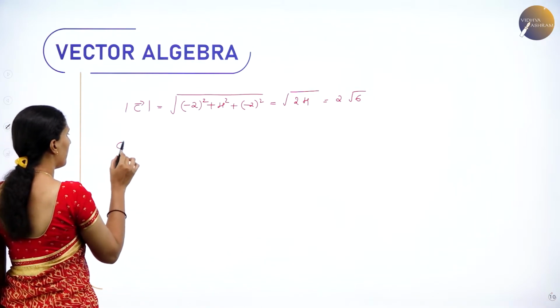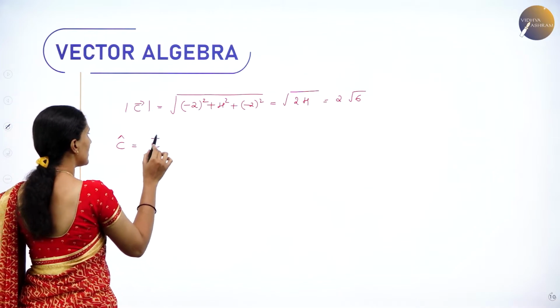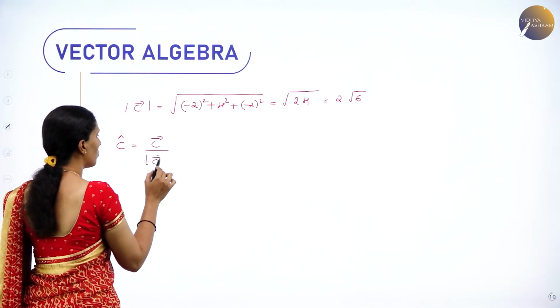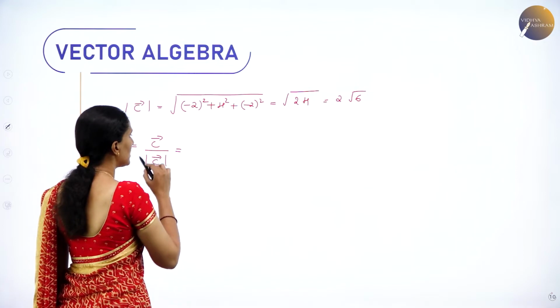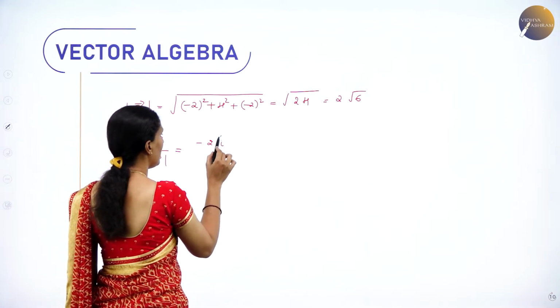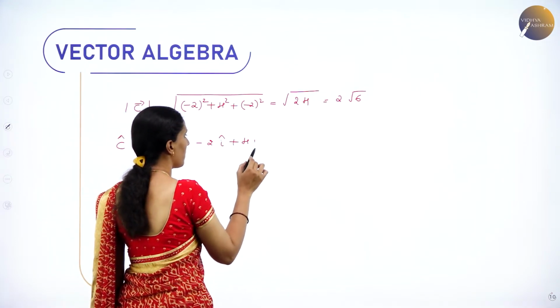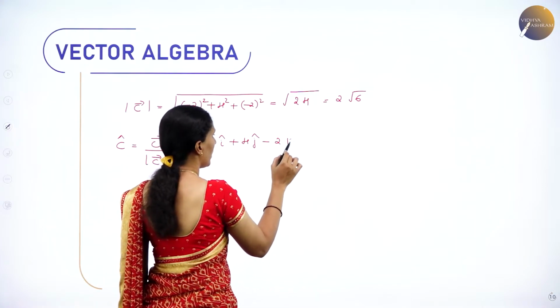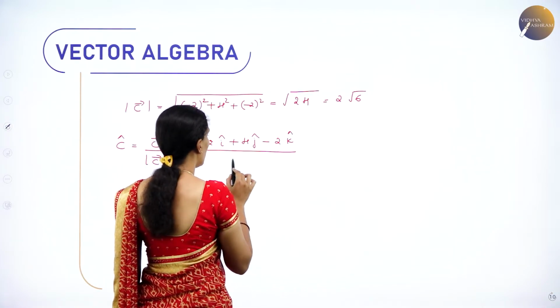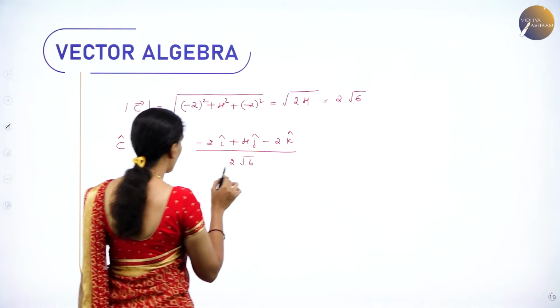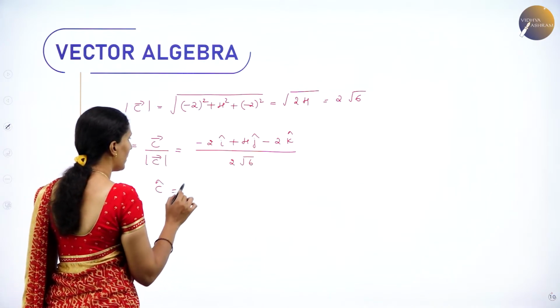Now C cap, that is vector C divided by the magnitude of vector C, is minus 2i plus 4j minus 2k divided by 2 root 6. Now divide each component by the denominator.